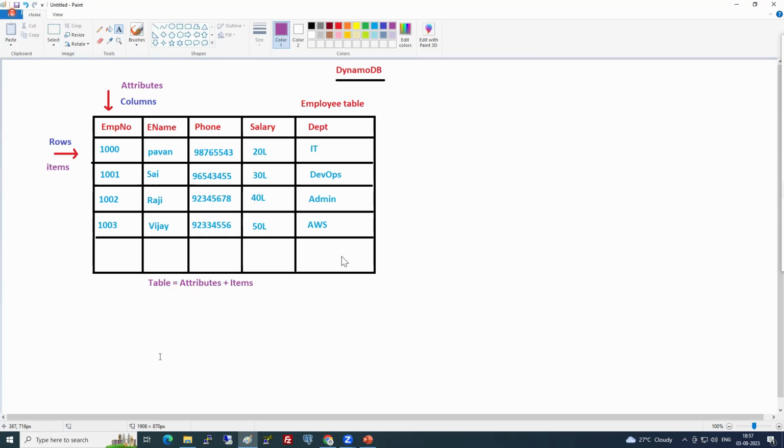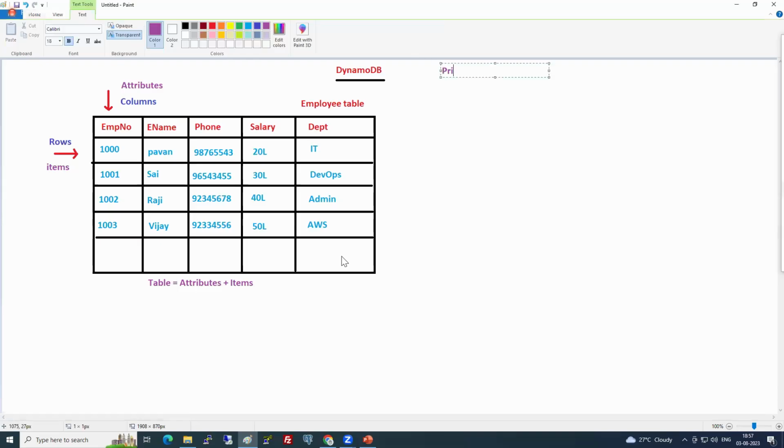Okay. So now let us talk about primary key. What is primary key? Primary key is, can we say, which is unique and which is not null?